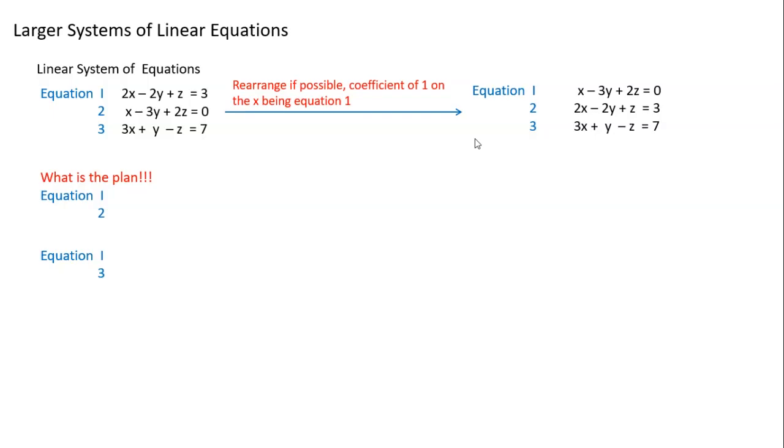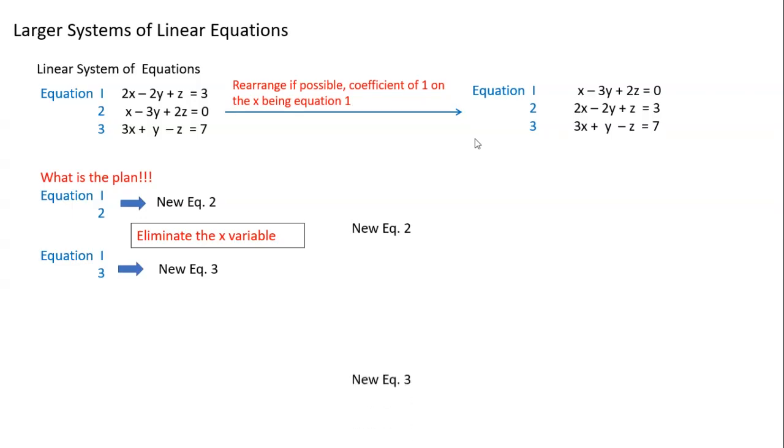When I do this, it's going to leave me with two lines that have only two variables, and now it's just the same work that we did before. Okay, so let's start by eliminating the x variable. Equations 1 and 2 will create a new equation 2, and when I eliminate the x variable from equations 1 and 3, it's going to give me a new equation 3.